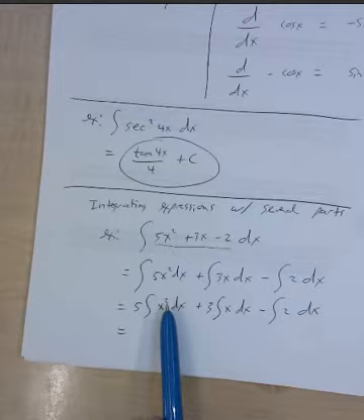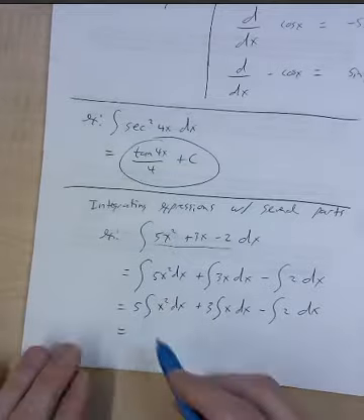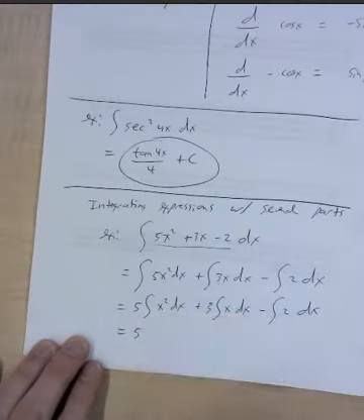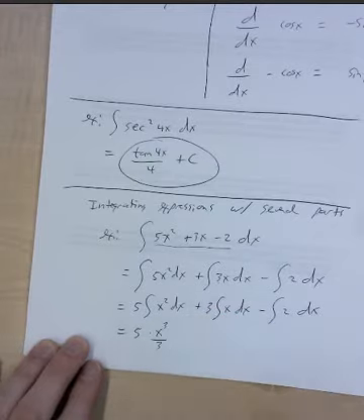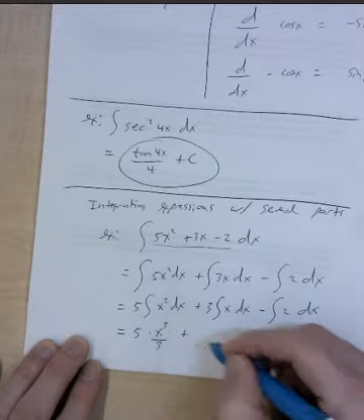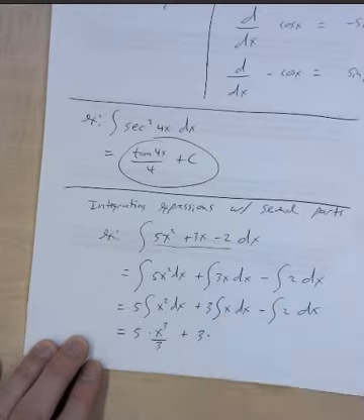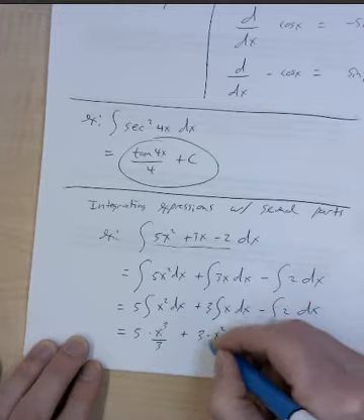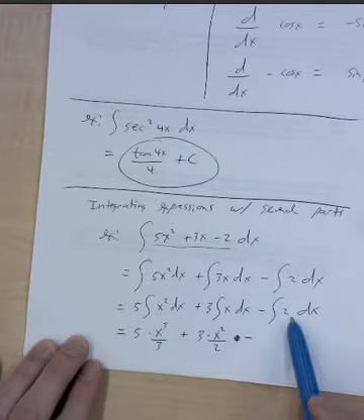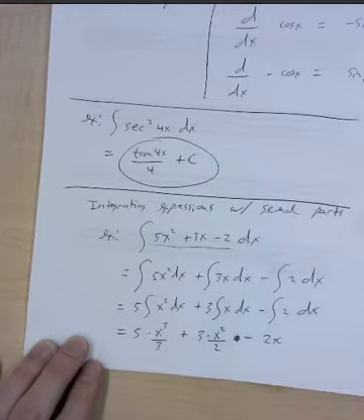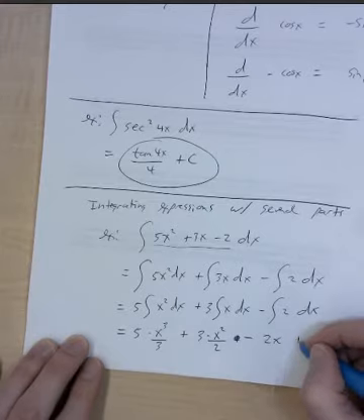So in this case, we're going to have 5 times x cubed over 3 plus 3 times x squared over 2 minus, what is 2 the derivative of? 2x. And of course, as always, stick on a plus c at the end.